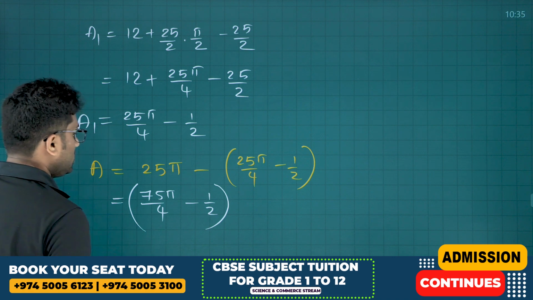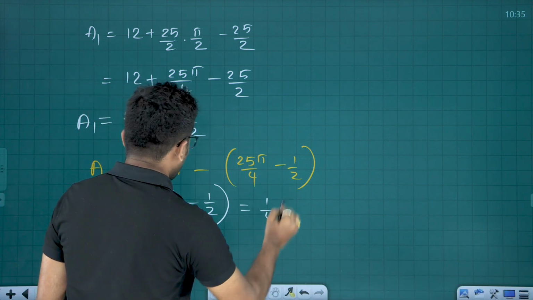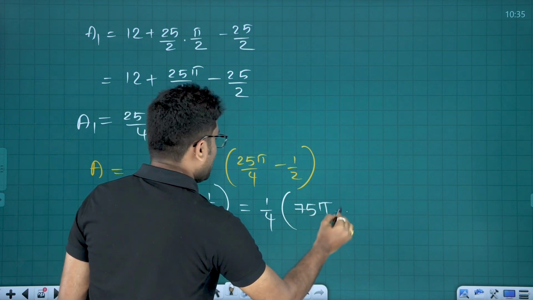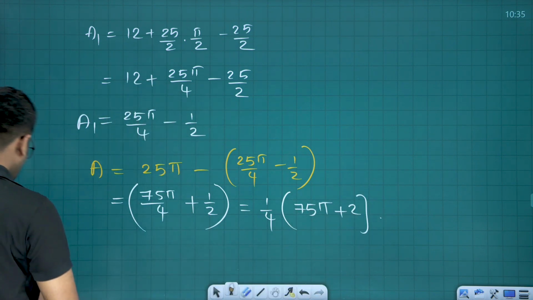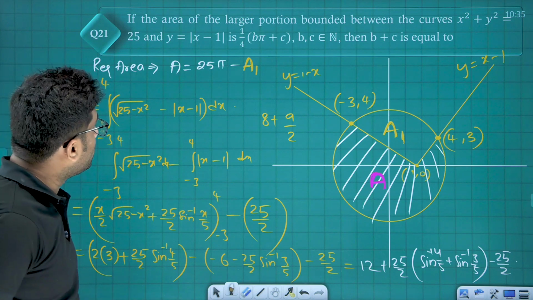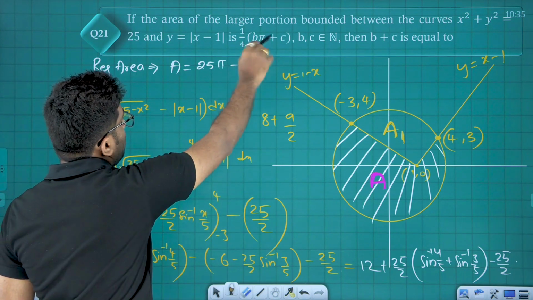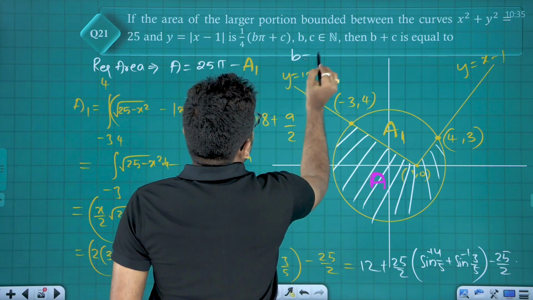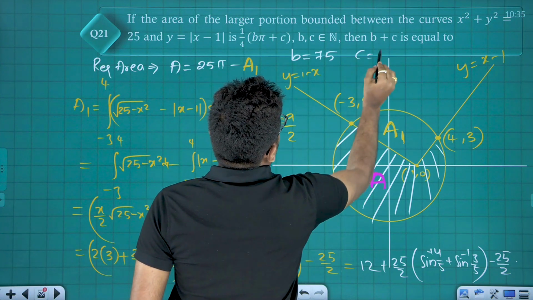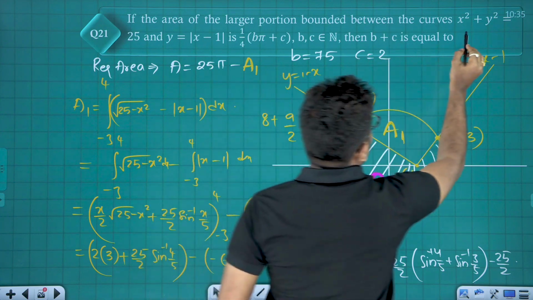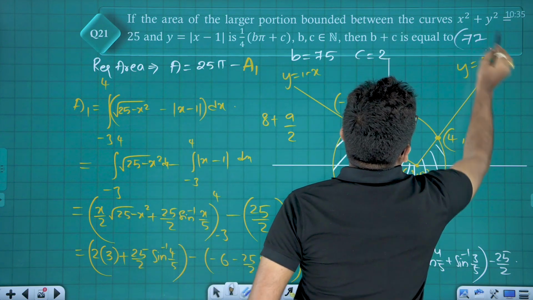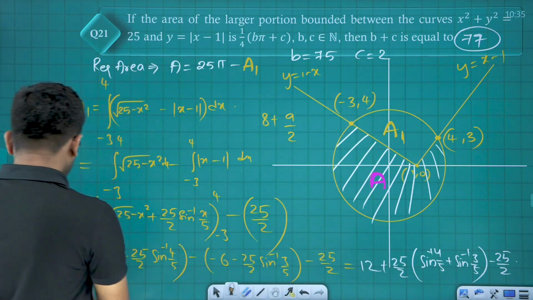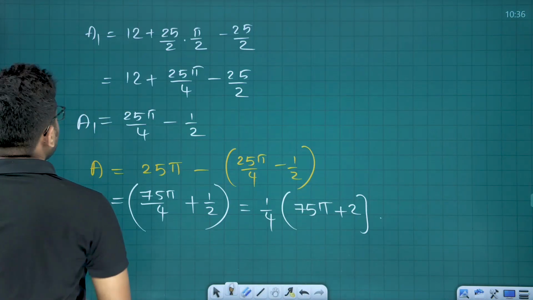So we can write it as 1 by 4 of 75 pi plus 2. Now they are asking 1 by 4 of b pi plus c, so clearly b is equal to 75 and c is equal to 2. b plus c is 75 plus 2, which is 77. The answer is 77. Clear? Next question.